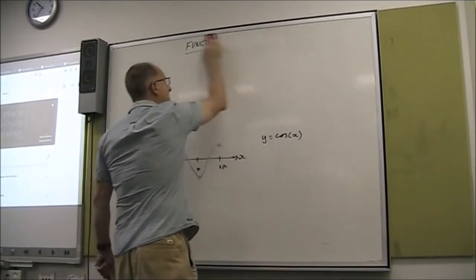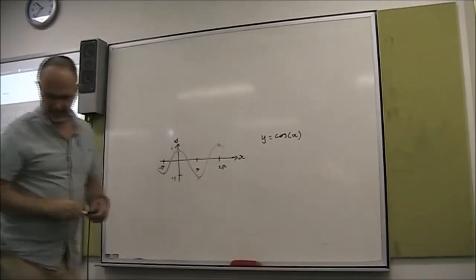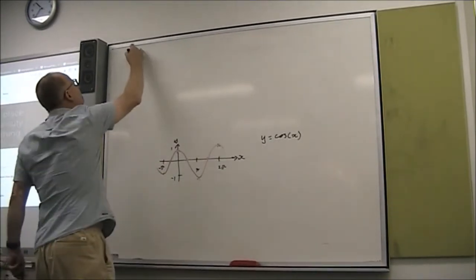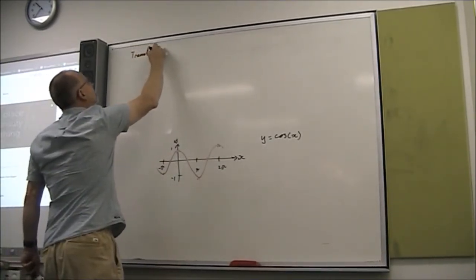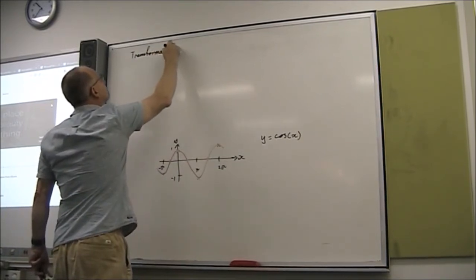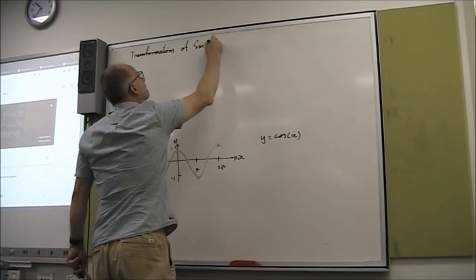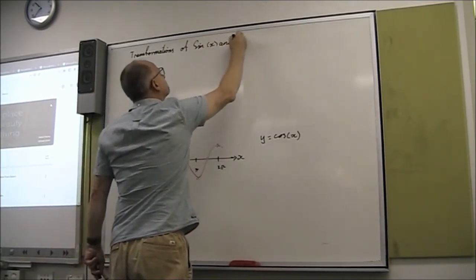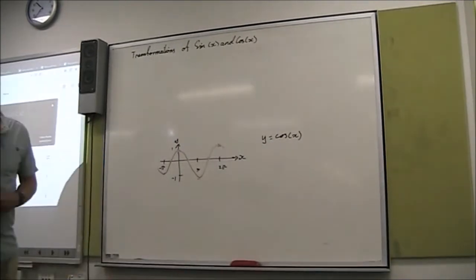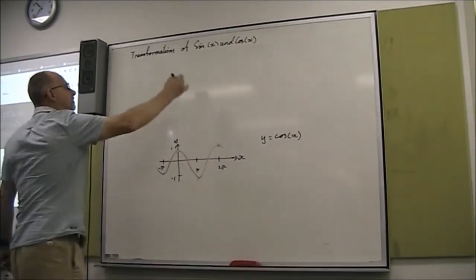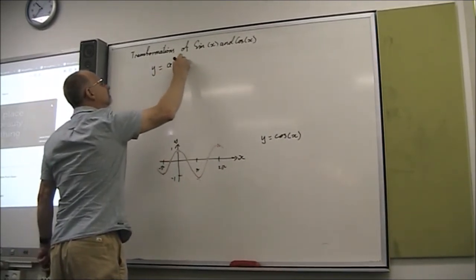So there are our basic ones, and so then we can do transformation from that. And so transformed ones would look like this.